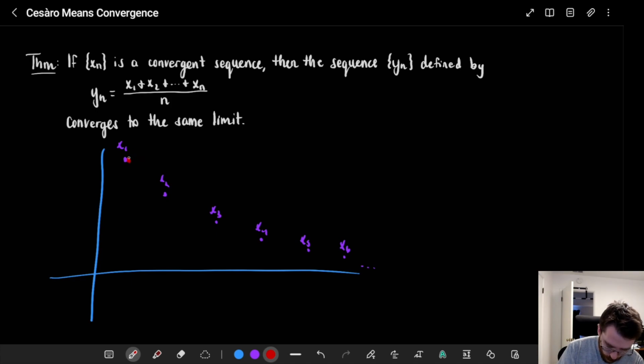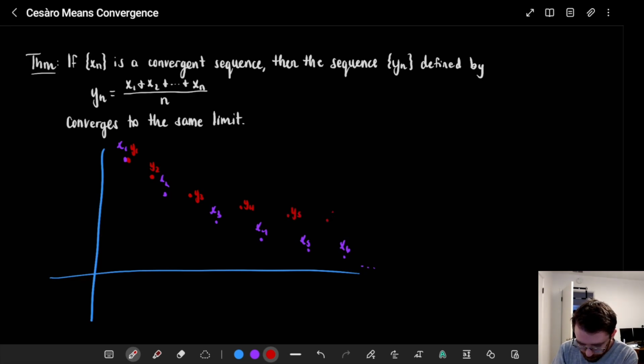So y1 would coincide with it. y2 would be the mean of the first two numbers, so just the average of x1 and x2. I'm not going to align these perfectly. Roughly the average of their y values lands like there. And then for the third term, the average of all three of those might be here. Again, don't worry about the x-axis alignment. I'm just trying not to overlap things too much. And then y4 might be here, y5.